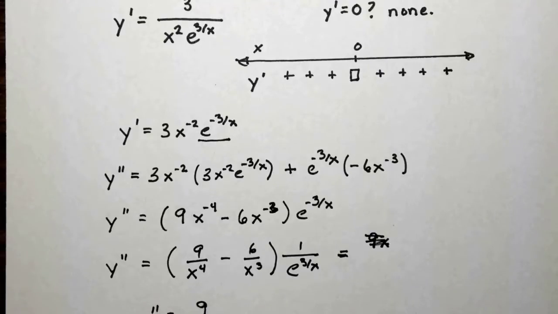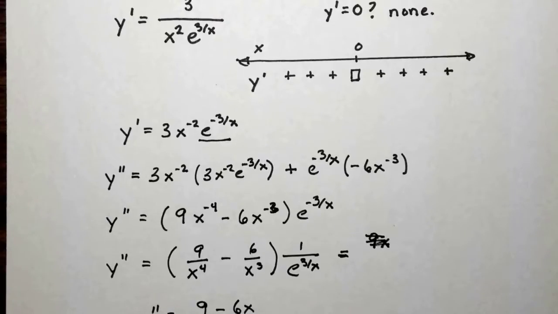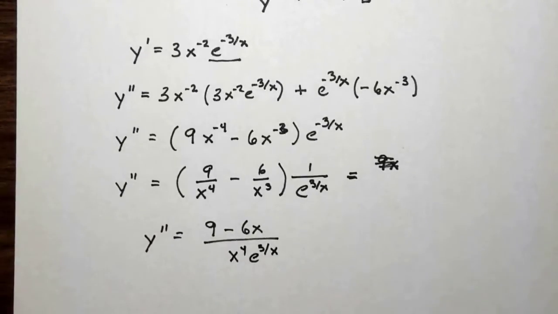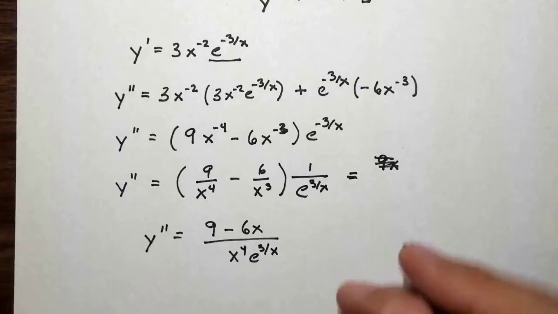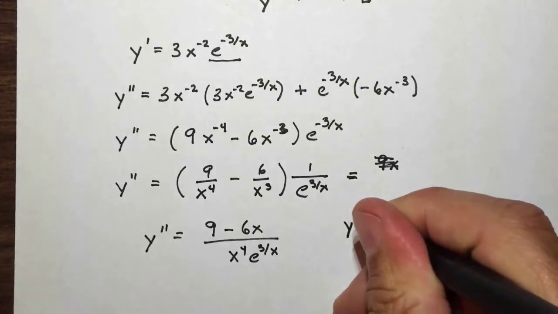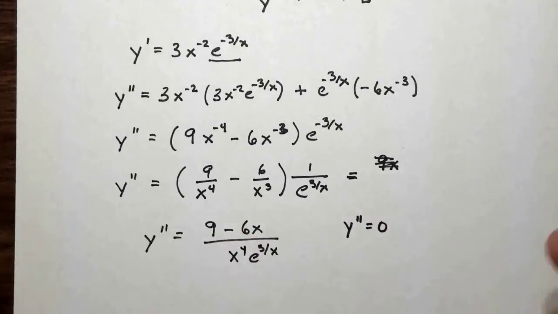It's going to be 9 minus 6x divided by x to the 4th times e to the 3 divided by x. Getting that common denominator, it's going to be, again, undefined at 0, but the interesting thing is y double prime is equal to 0 when that numerator is equal to 0.